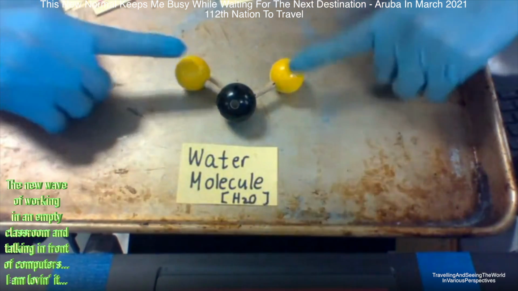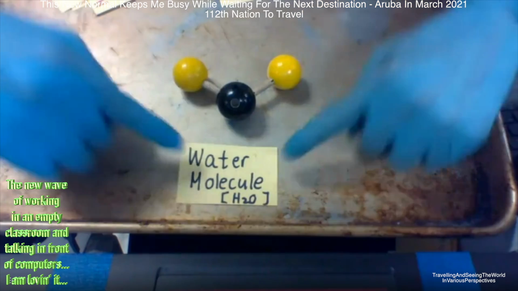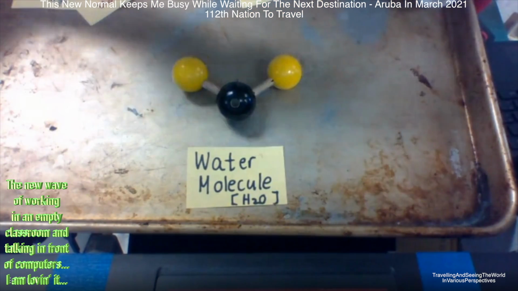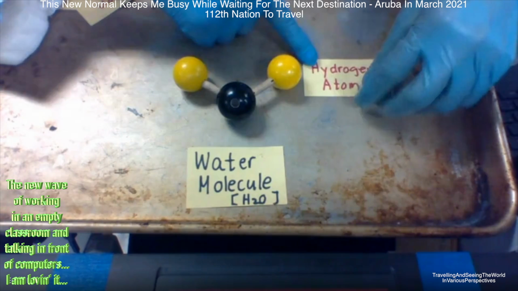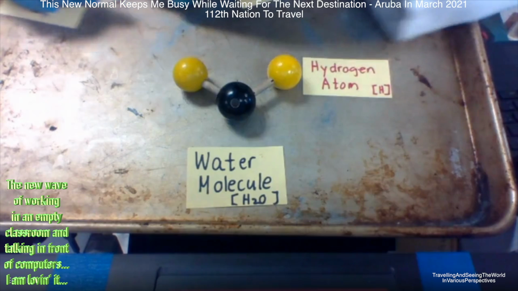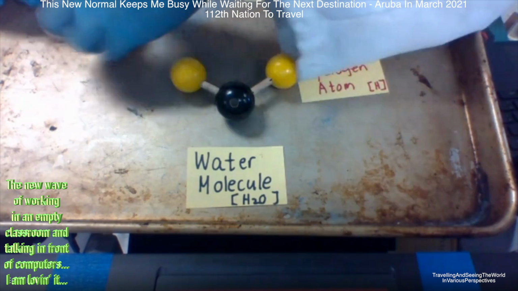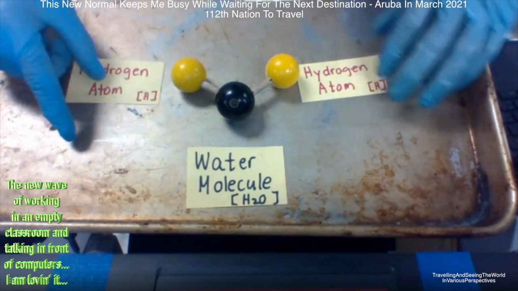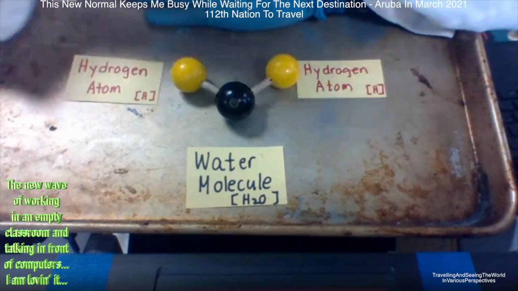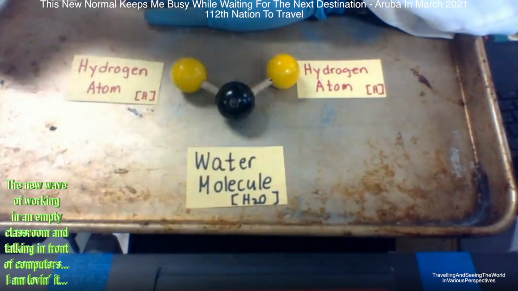If we're going to look at the parts, a molecule of water is made up of a hydrogen atom, there is also another hydrogen atom. There are 2 hydrogen atoms in a water molecule.